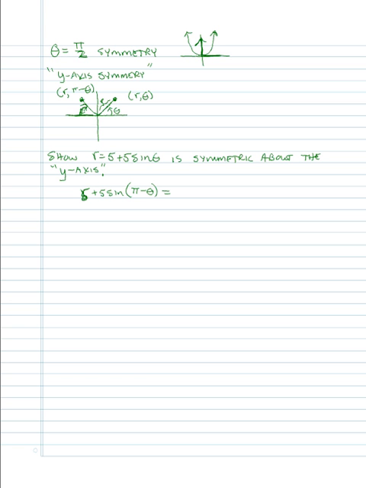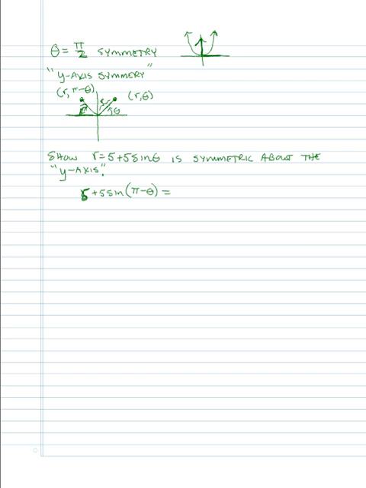If we put the angle pi minus theta in, and we put the angle theta in, we get the same value r in each case. In other words, we would have both of those points. And so we're going to go through and see if this gives us exactly the same thing, that is r equals 5 plus 5 times sine of theta. I think I bungled up what I was trying to say.